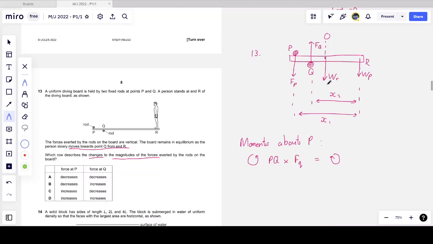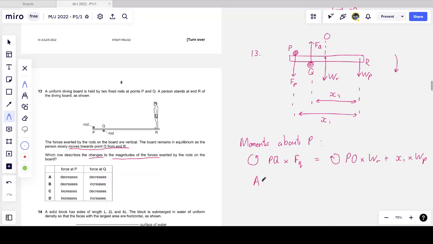But the weight of the diving board and the weight of the person are going to cause the diving board to rotate clockwise. And so the clockwise moments are PO times WR plus WP times x1. Actually, I should just put a multiplication sign to stick with the convention. So that's x1 times WP.